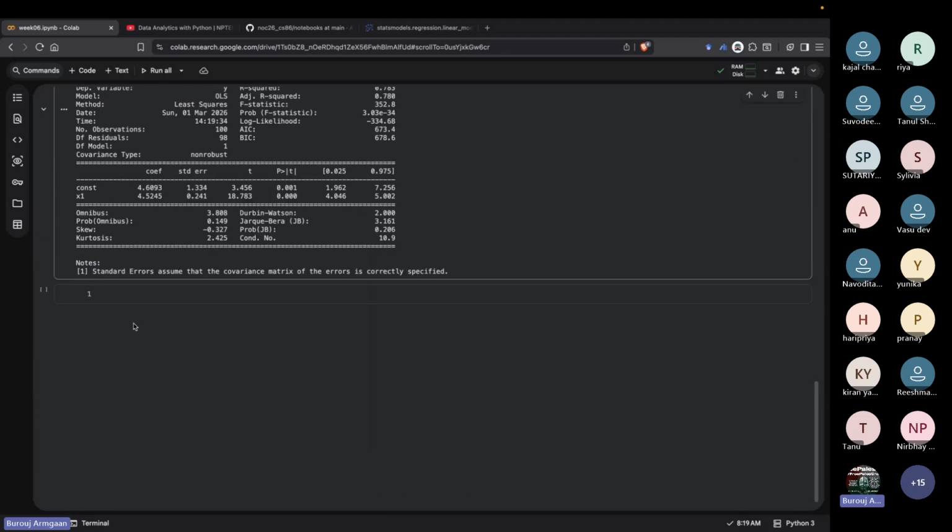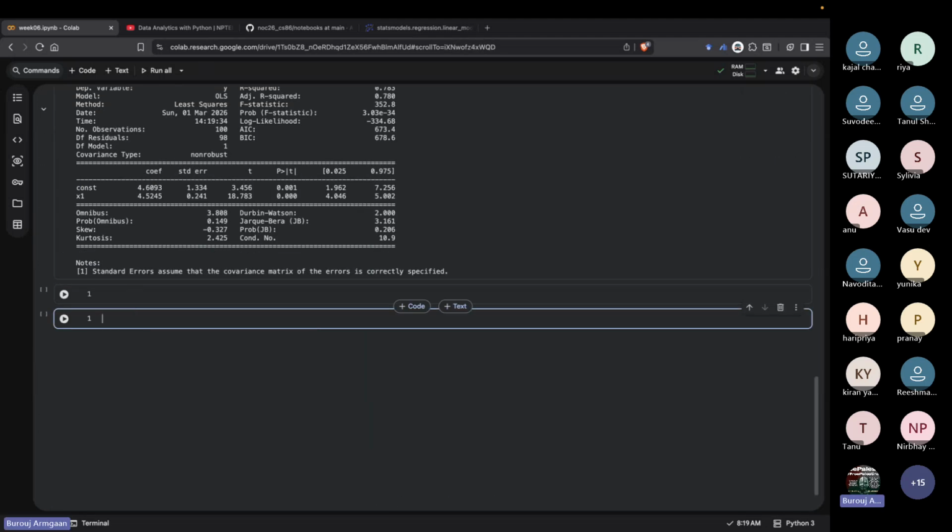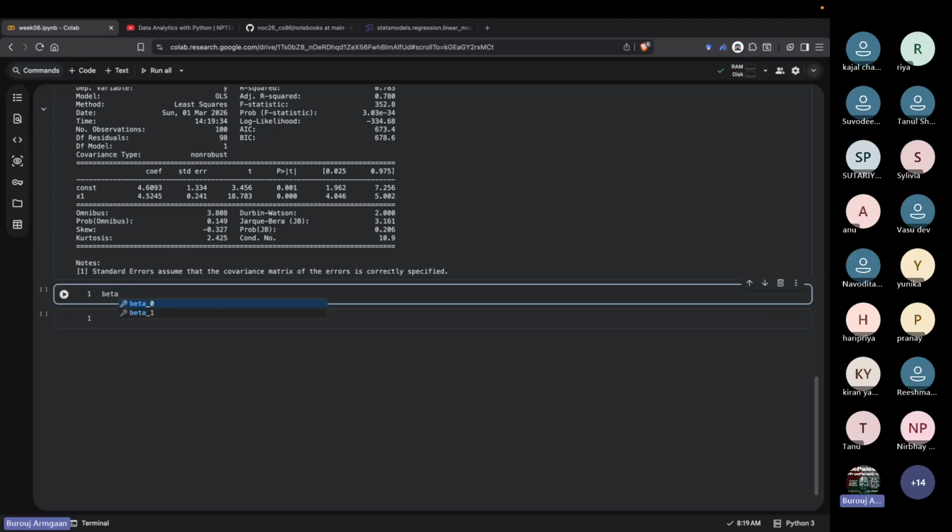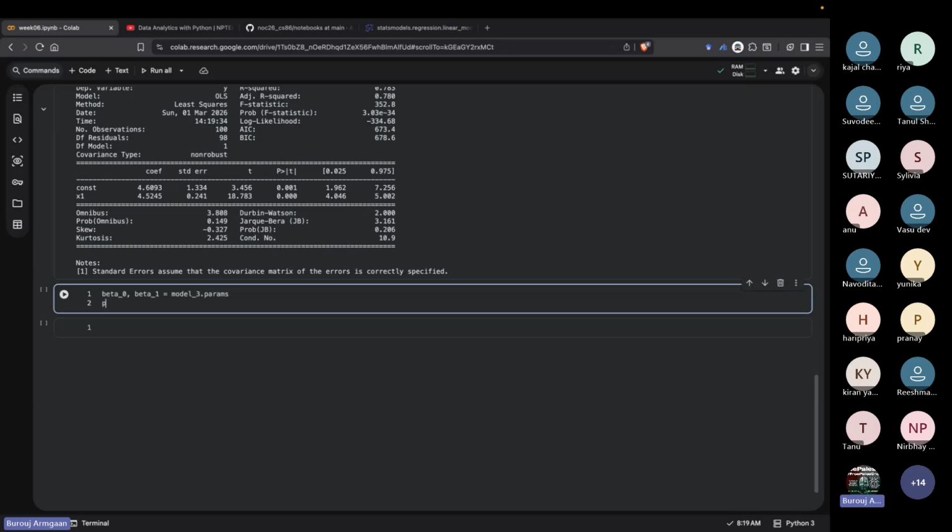If we were to print it, beta 0, beta 1 is equal to model_3.params, and then we can do plot regression line.